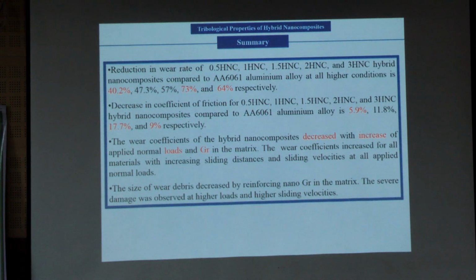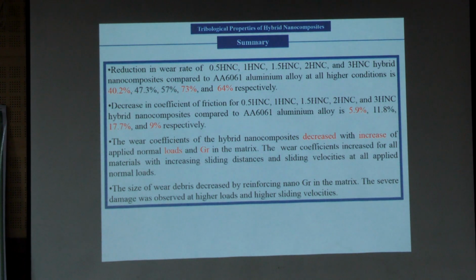So what you understand from this is we have to select the base material depending on our application, and we have to select the type of nanoparticles. It may be one nanoparticle or two different types of nanoparticles. If I want more strength and more wear resistance, I need to take two different nanoparticles.